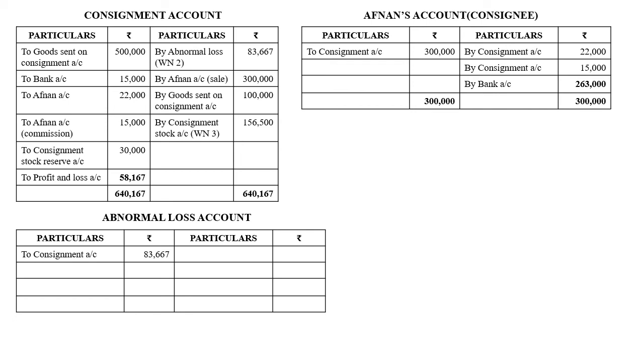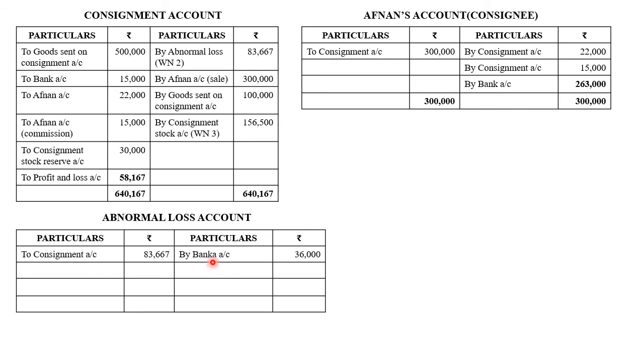We have incurred abnormal loss twice, first one in transit, second one in godown. So we have to add it and take it here. And we received the claim from the insurance company for the first loss, so you have to enter that by bank account.